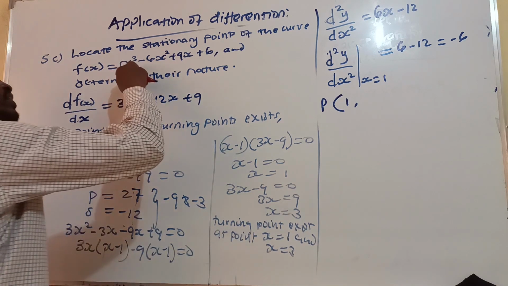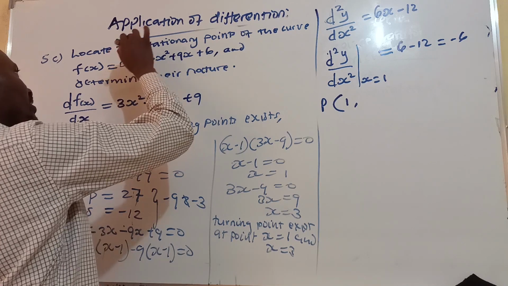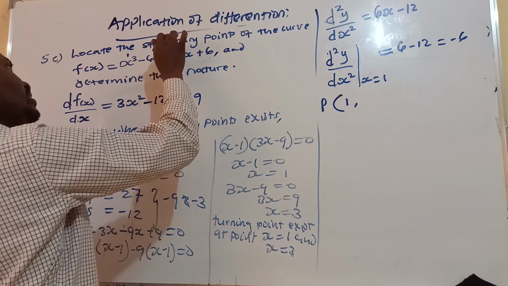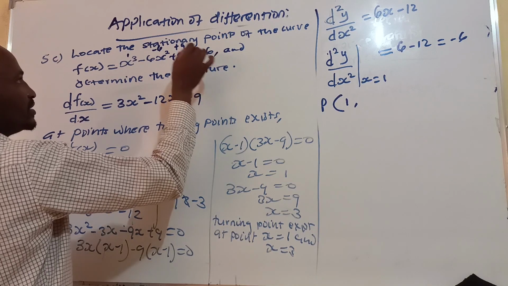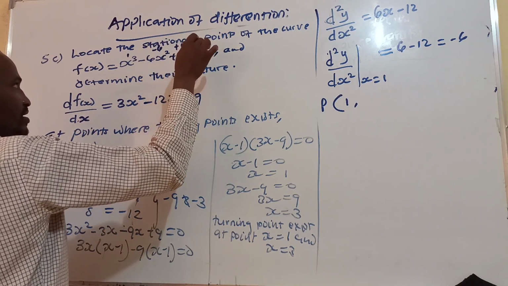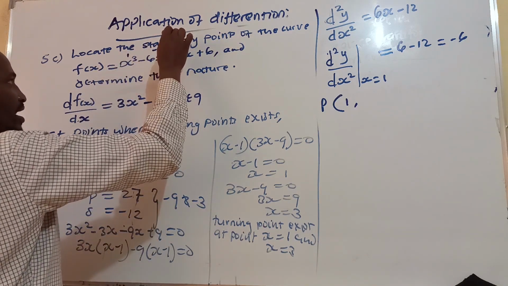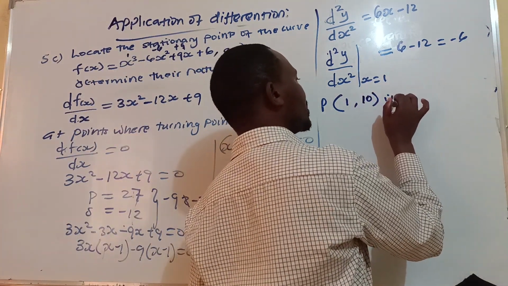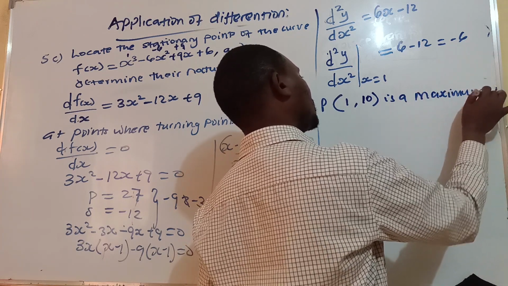If we are allowed to get the value of y, we should substitute the value of x here. x is 1, that is 1 squared is 1 minus 6 plus 9 plus 6. So this is 15. 6 plus 9 is 15. So this 6 and this 6 you cancel out. So you have 9 plus 1, that is 10. Is a maximum point.